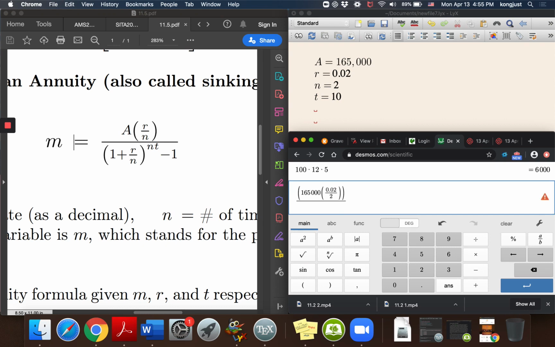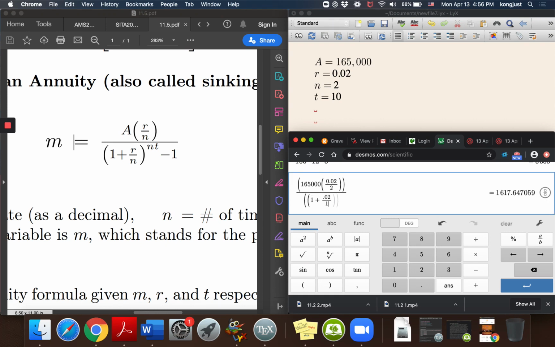Okay, for the denominator, same thing. I need one overall parentheses for everything. And then the next parentheses is for this piece. So parentheses, 1 plus, and this part you don't need because of the order of operations, division is going to happen first anyway. So 0.02 divided by 2. And then raised to the, again, exponents always in parentheses, 2 times 10.